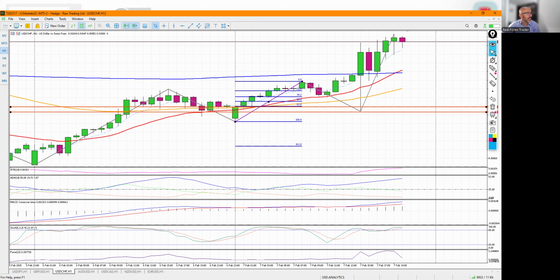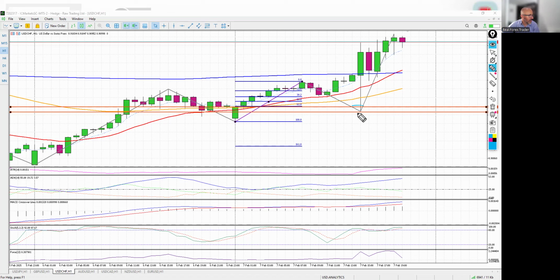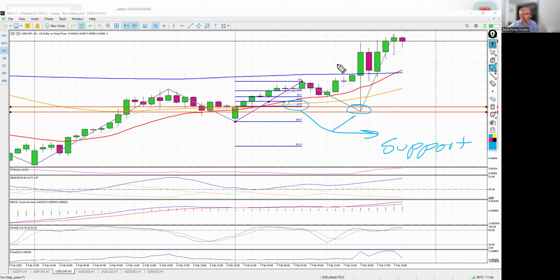This line here, where the price holds on this 61.8 Fibonacci, is called support. So it means that the price is not willing to pierce and go down. It pierces a little bit, but then takes back to the original position, right? So this is the way we're going to use the Fibonacci levels.